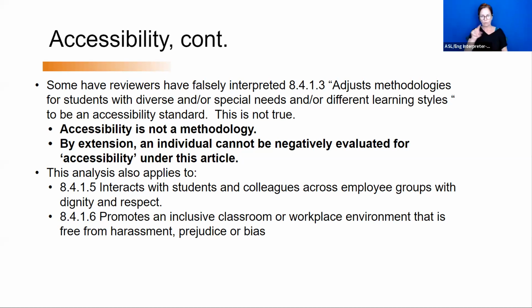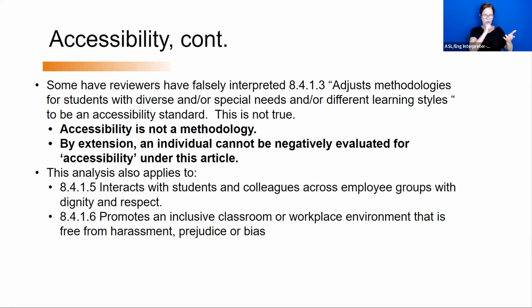All of those are accommodations that we must make. General accessibility is asserting that we need to change our materials for all students, regardless of whether or not they have an accommodation. So yes, you must meet accommodations, but general accessibility work is not part of the expectation.